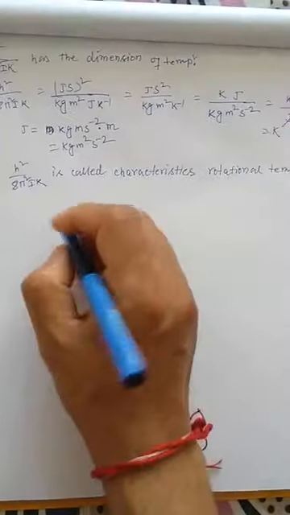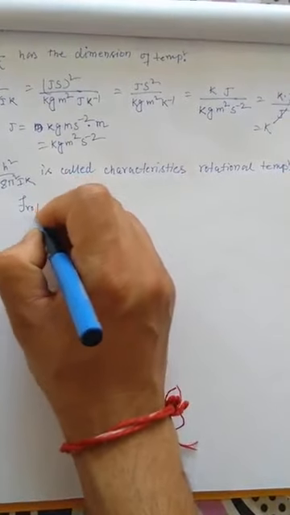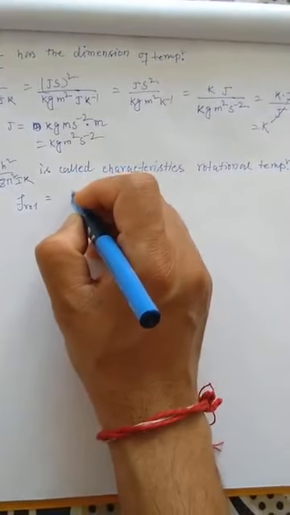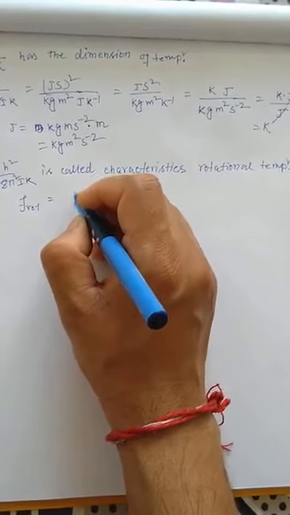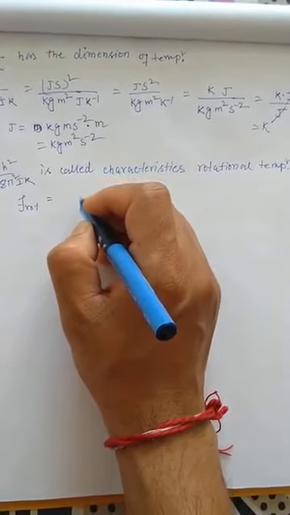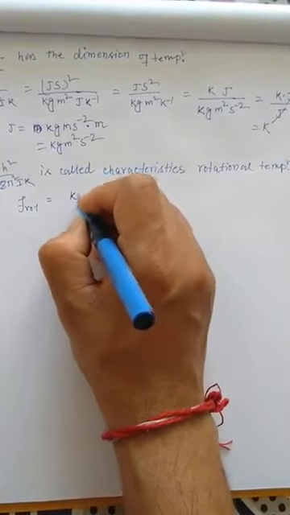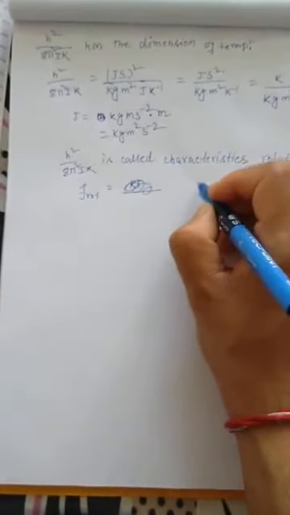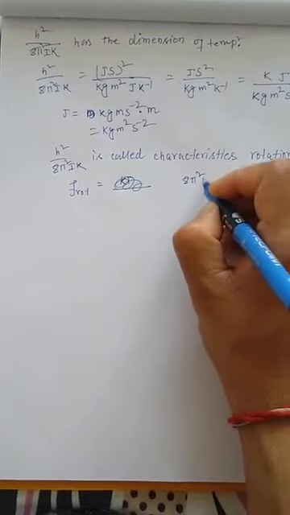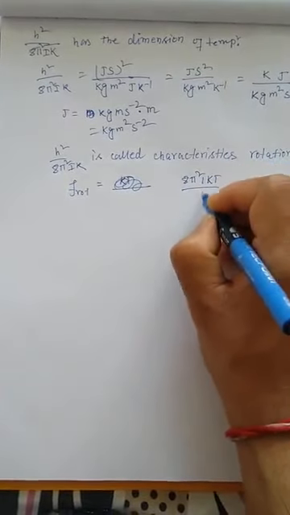So finally, if I recall the terms for f rotational, it was 8 pi square I kT by h square.